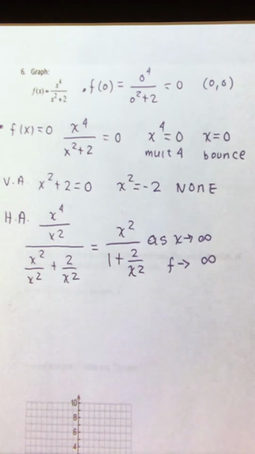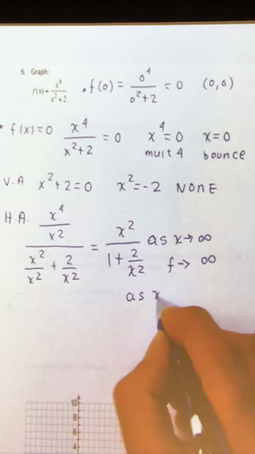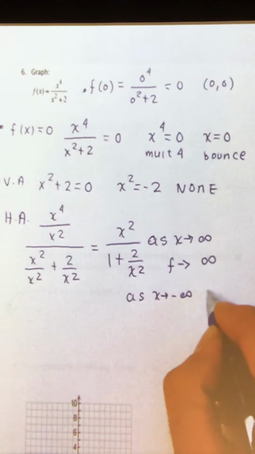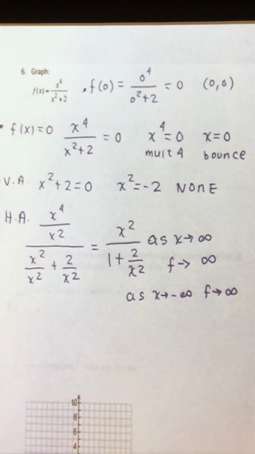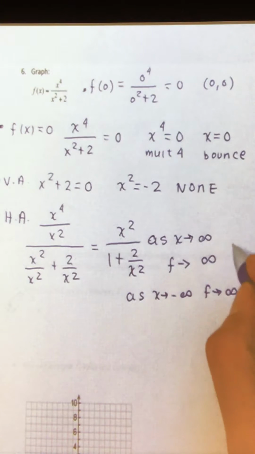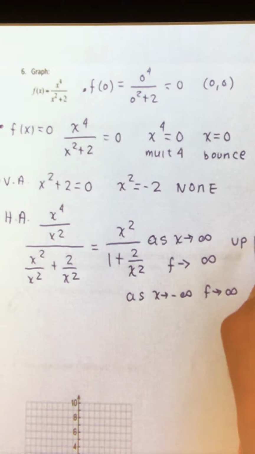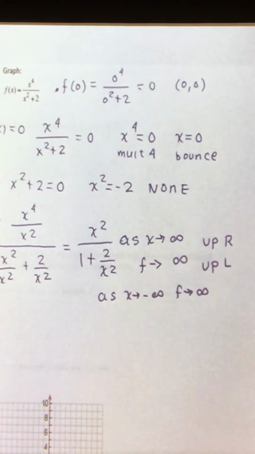And this is really describing the end behavior of the function. Also notice, though, as x approaches negative infinity, we get the identical behavior for the y-coordinates, and this is because we have x being squared. And so this is indicating that the graph goes up on the right and it goes up on the left.